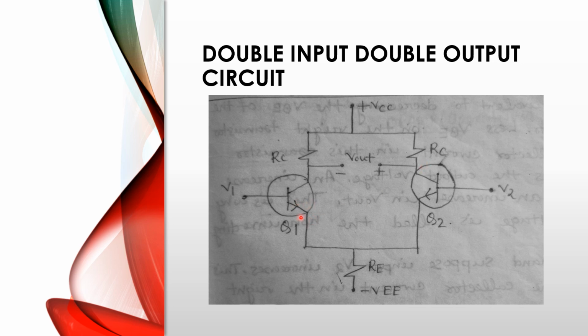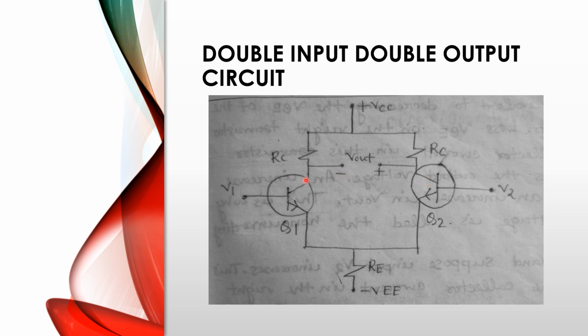So these two emitter terminals are connected with a wire, and one common emitter resistor RE is connected to the negative supply voltage. The RE resistor is connected to the minus VEE point. This is the collector terminal of the Q1 transistor and this is the collector terminal of the Q2 transistor.